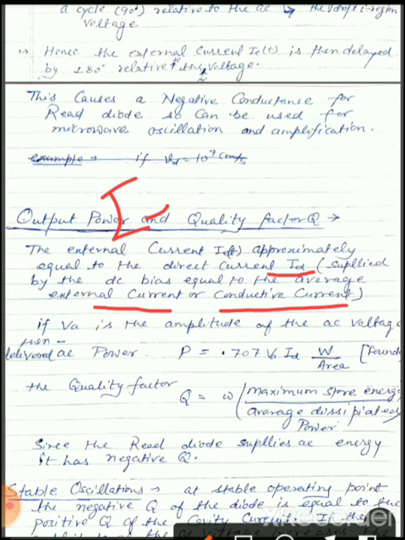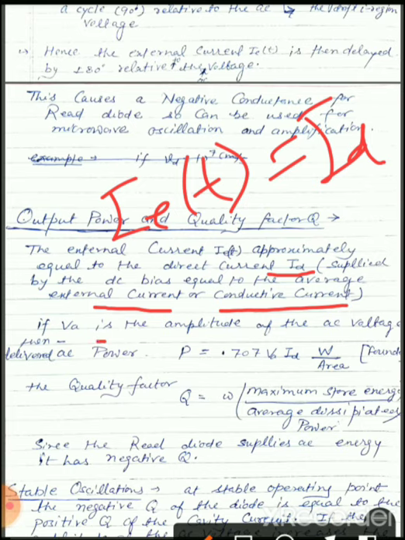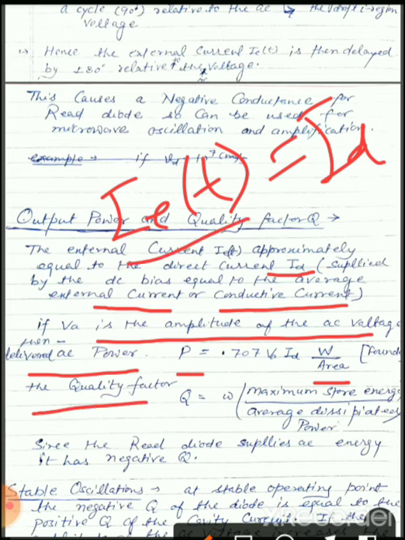So I_ET equals I_D, and if V_A is the amplitude of the applied AC voltage, then the delivered AC power in the circuit will be P = 0.707 V_A I_D watt per area, where V_A is the amplitude of the AC voltage and I_D is the direct current, or average of I_ET. So this is the output power of a Read diode.